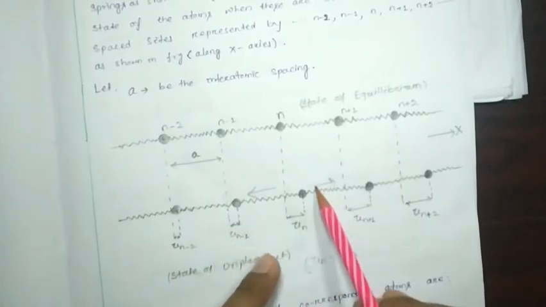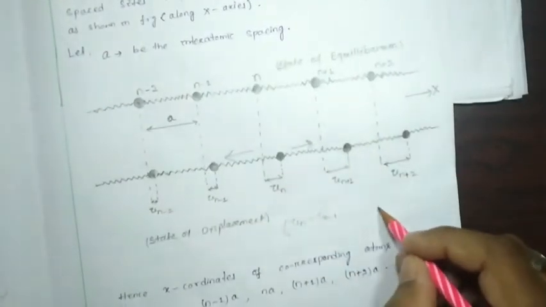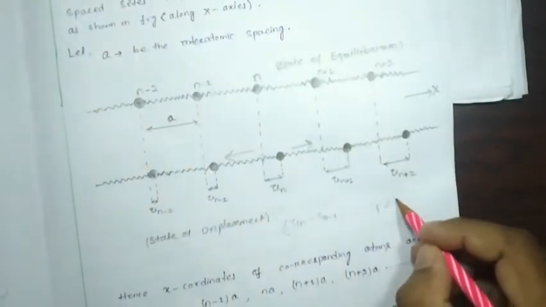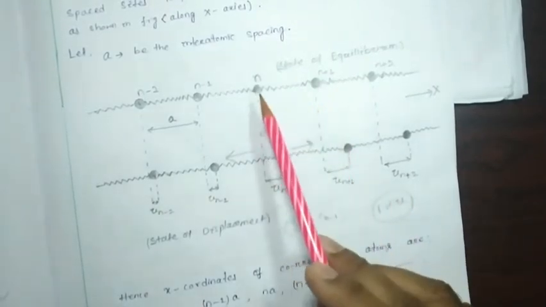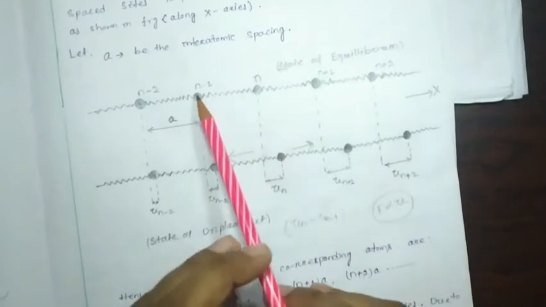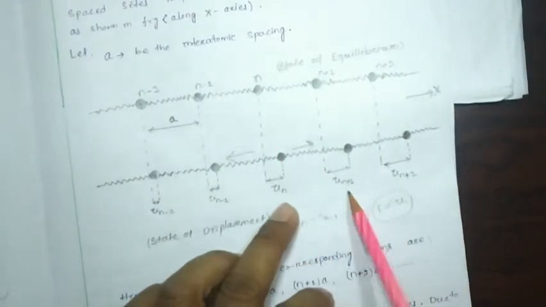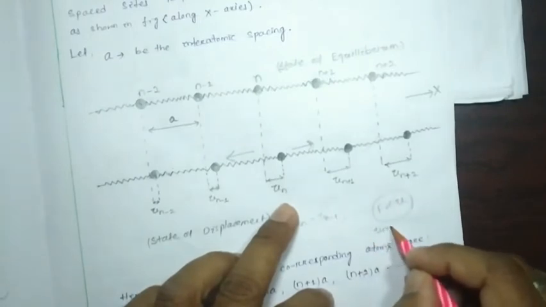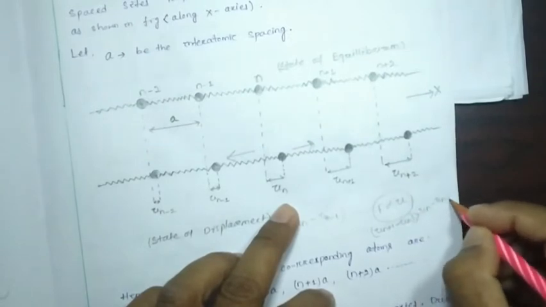So hence this force will be larger than this one, because we know that the force is proportional to the displacement. So here the net displacement between this atom and this atom will be larger as compared to this atom and this atom. That means un plus 1 minus un is greater than un minus 1.